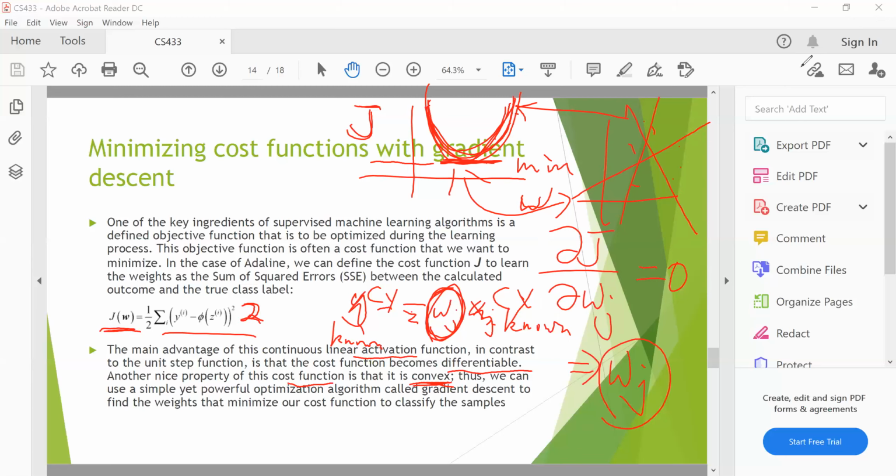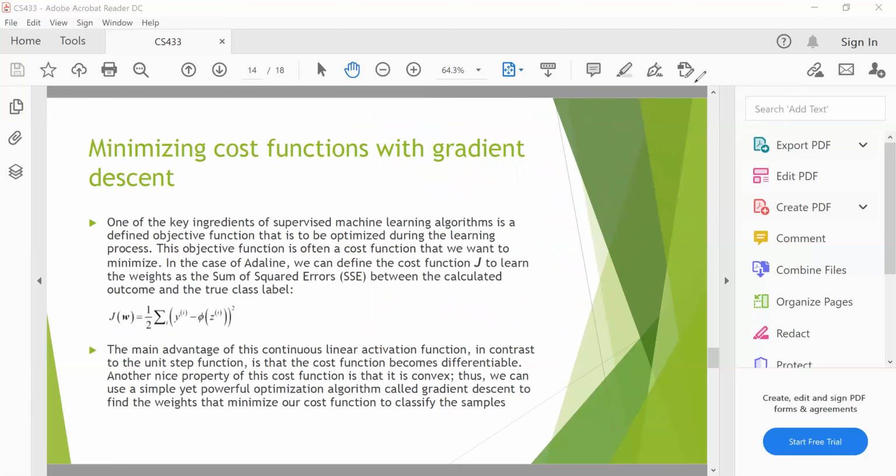So we said it is an optimization algorithm in this case. How do we find this point? We use gradient descent. Of course, you can also use math to solve the equation like before, but here we will use a method called gradient descent to find the weight that will minimize the cost. Okay, so let's see what that concept is.